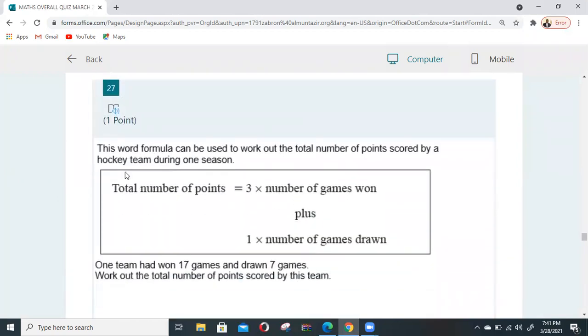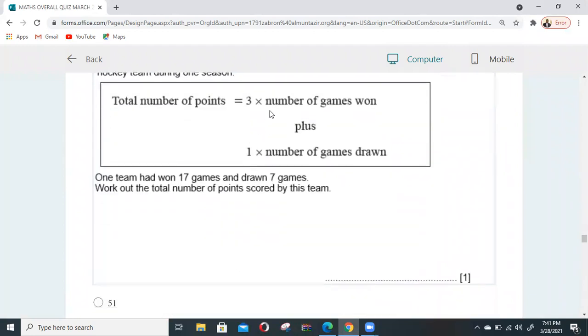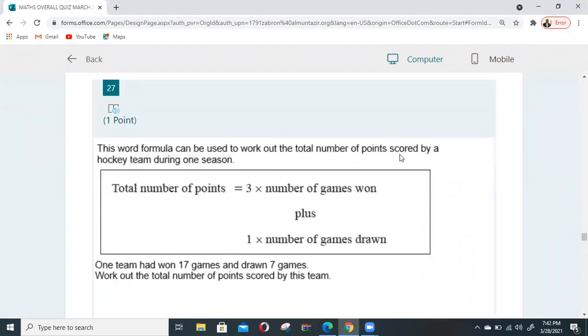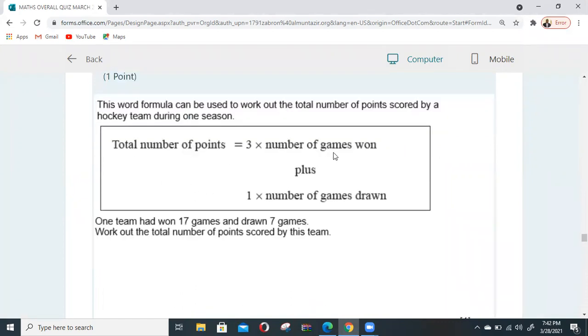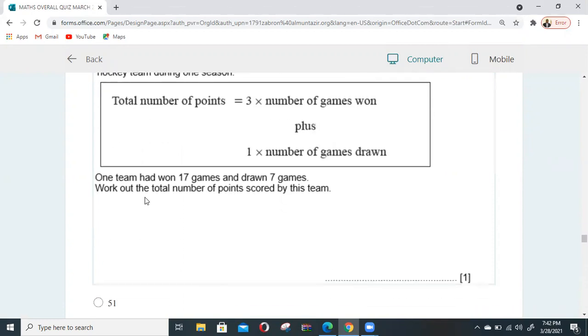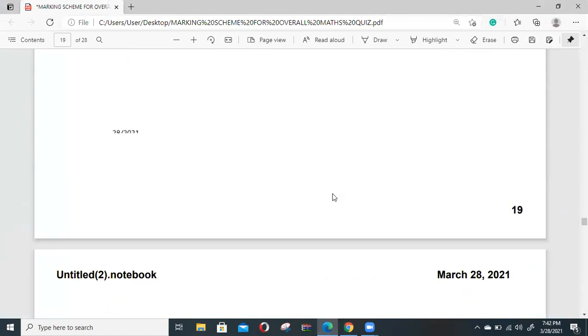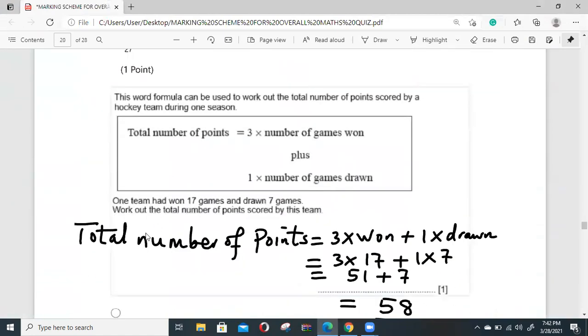Question number 27, we have this word formula that can be used to work out the total number of points scored by a hockey team. It is 3 times number of games won plus 1 times number of games drawn. Work out the total number of points scored by this team. I have done this question already. Total number of points, 3 times won plus 1 times drawn.